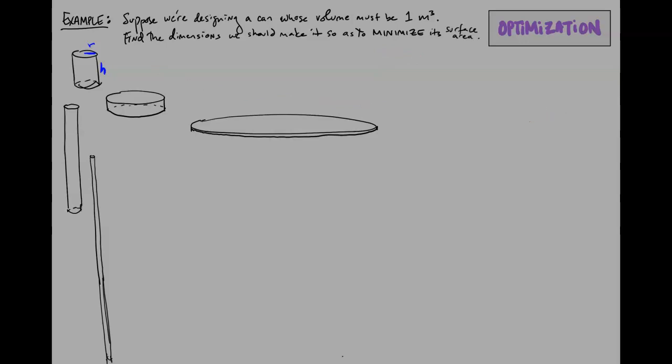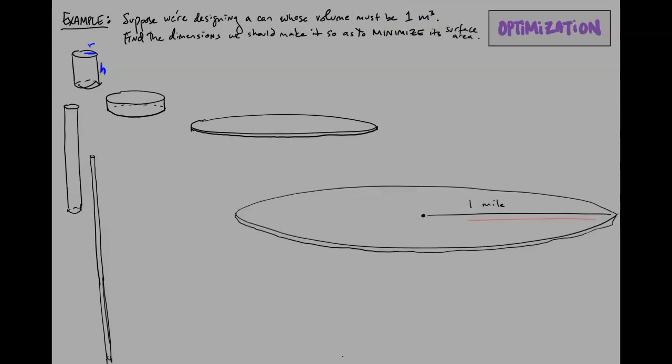If we continue this trend, and we can take it as far as we like, we could have a can whose radius is miles, even light years. And we could have the volume we need, 1 cubic meter, by making the height tiny, tiny, tiny, tiny indeed. But if I can make this thing so that the radius is a mile, then the top of the can has an area that's pi square miles.